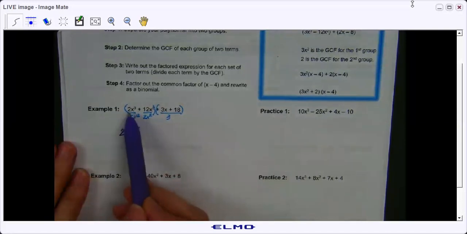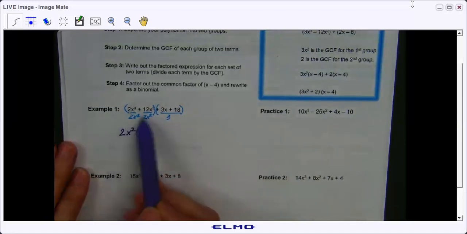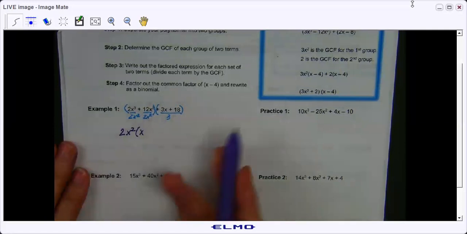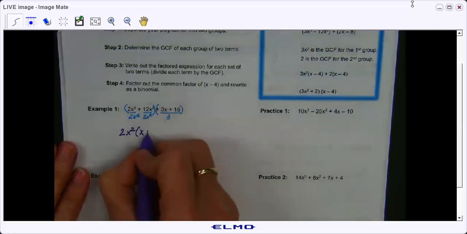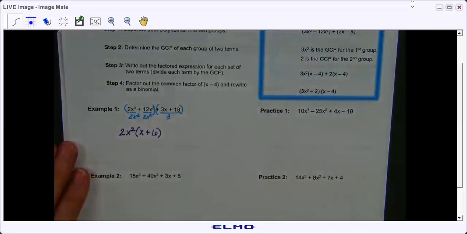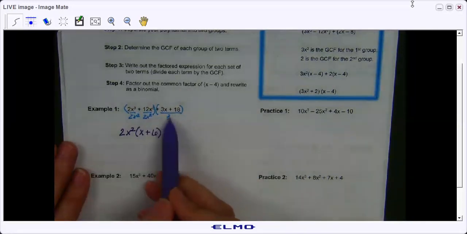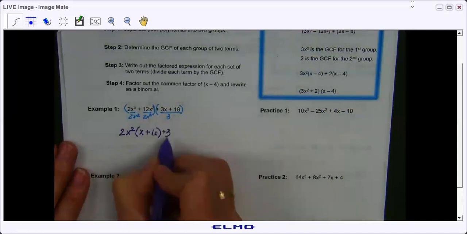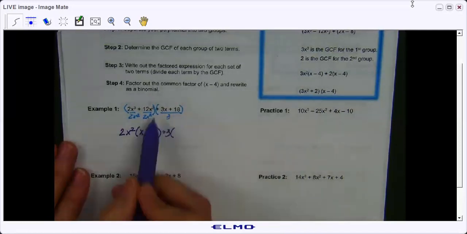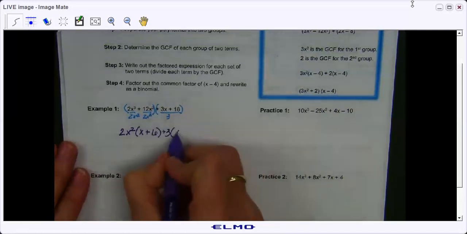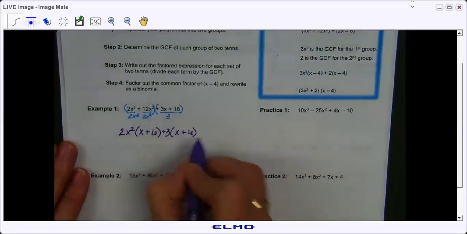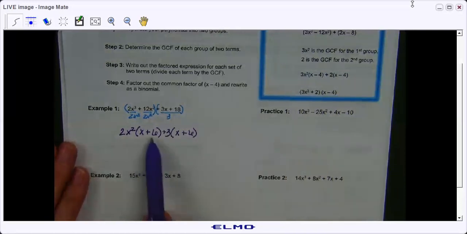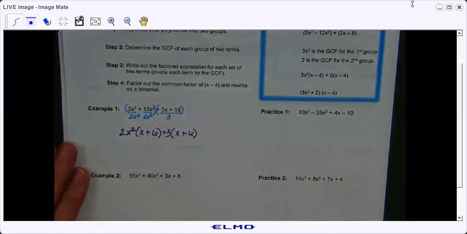And then I divide 2x cubed divided by 2x squared is x. 12x squared divided by 2x squared is 6. Okay. Then I take out my GCF and it's a positive 3 that goes out here. And then I divide. 3x divided by 3 is x. And 18 divided by 3 is 6. Your goal is to make sure that these 2 factored out terms are the same.